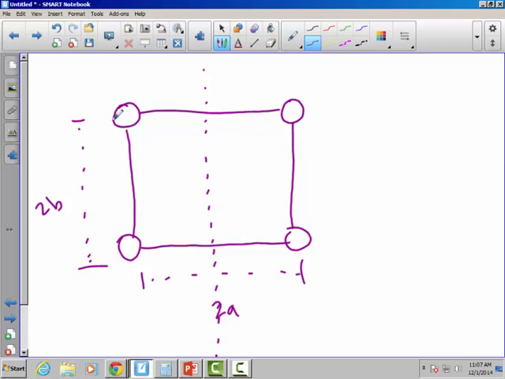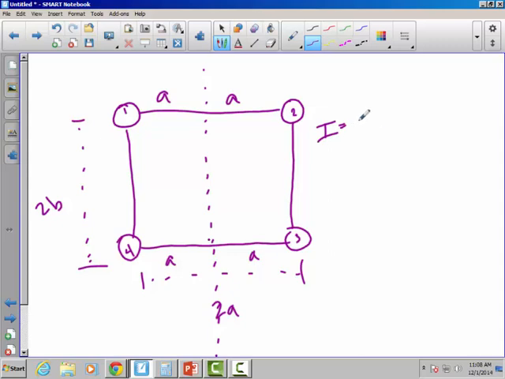So I have 4 shapes. 1, 2, 3, 4. And those shapes have a particular mass. And all of those shapes are a distance from the center of rotation here. And since this whole length is 2a, that distance then will be a, is how far they are from the axis that I'm trying to rotate.